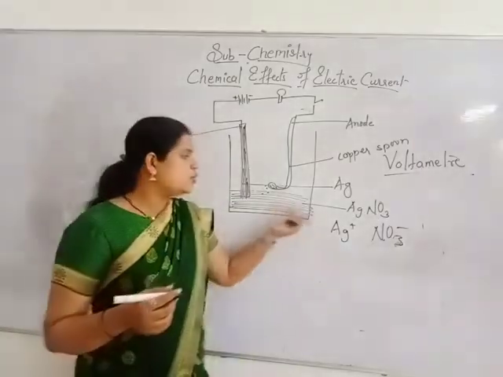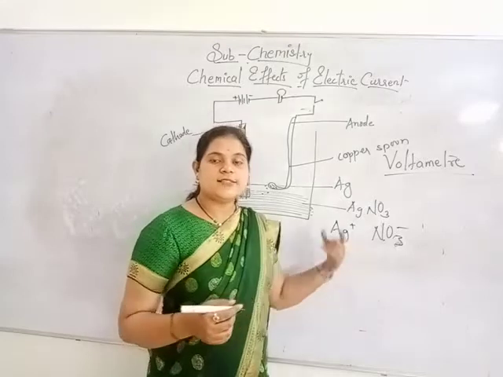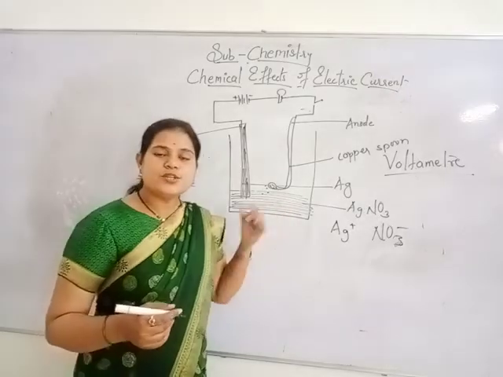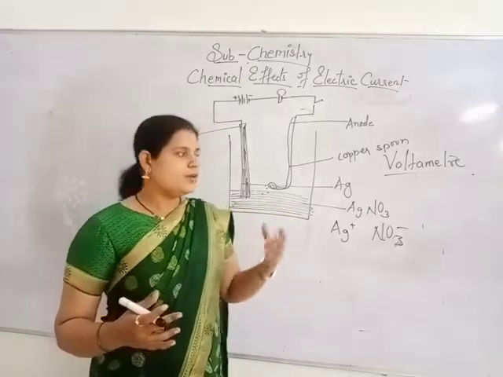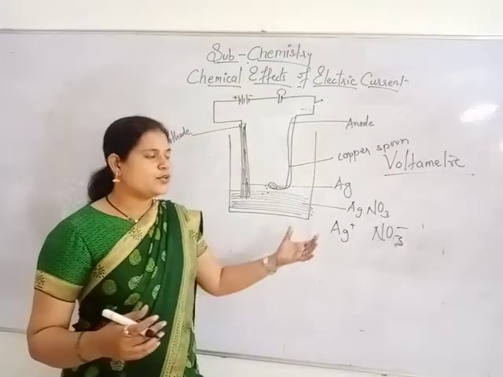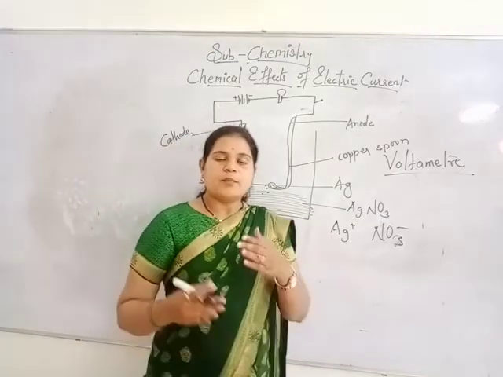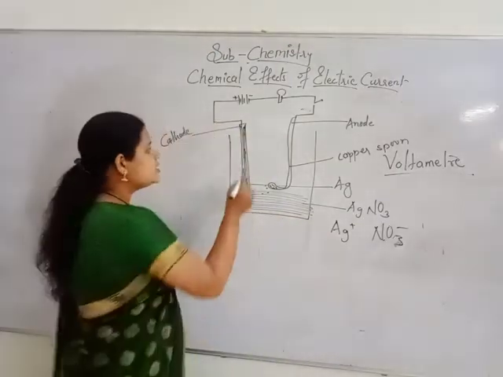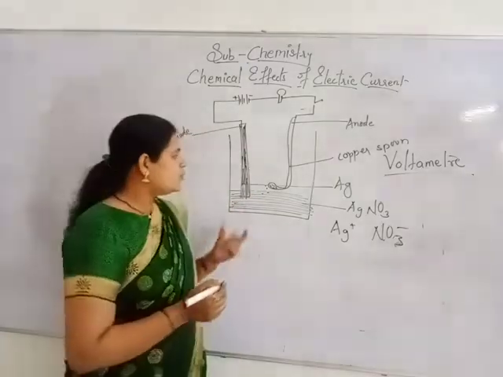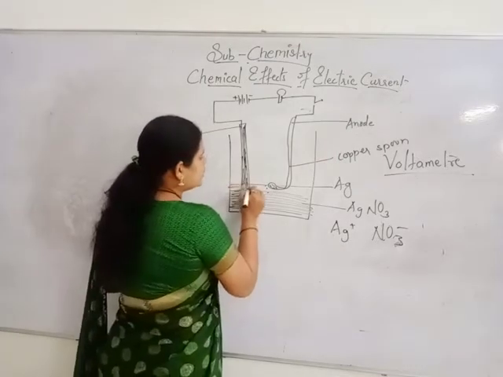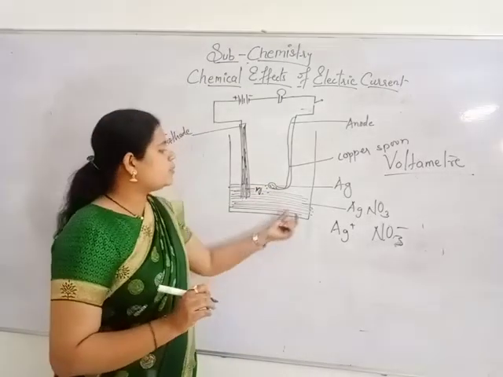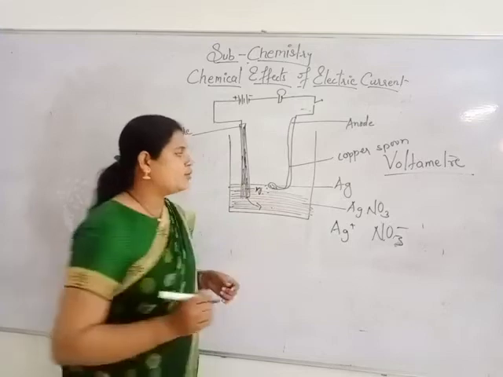Obviously, the solution will start losing Ag plus ions, which are getting deposited on the spoon, so there will be a loss of silver ions. So what will happen in that solution? There will be a decrease of silver. But one thing you need to keep in mind is that this particular electrode is also made up of pure silver. So during electrolysis, silver ions from this electrode will get deposited into the electrolytic solution.